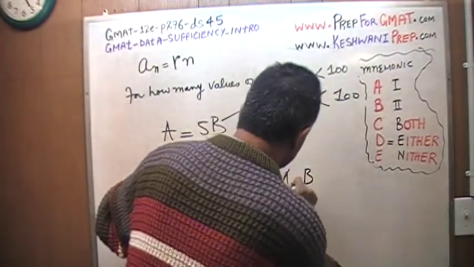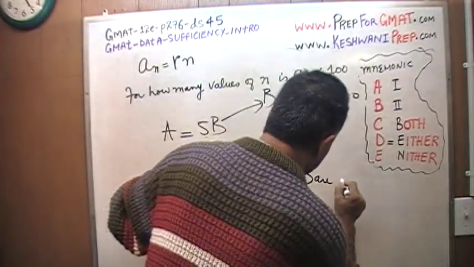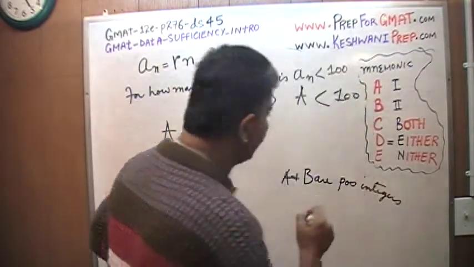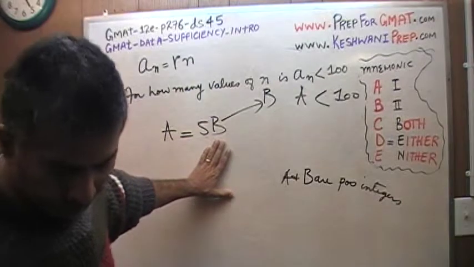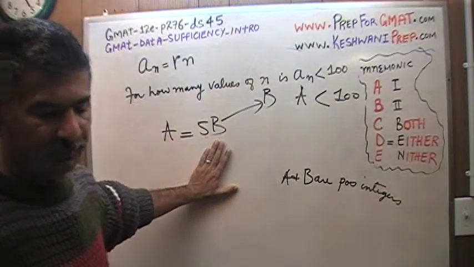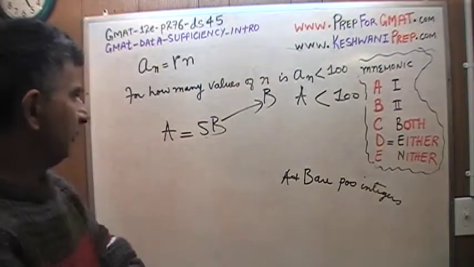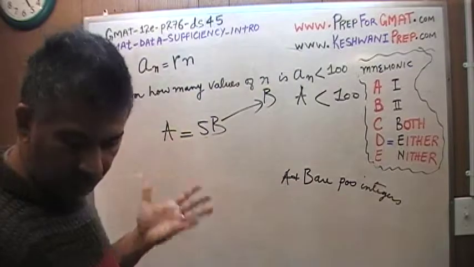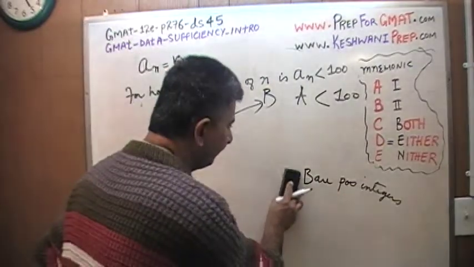A and B are positive integers. We are told that in the problem. They clearly tell you that these have to be for all positive integers n. So if B is an integer, A also is going to be an integer, but this is not necessary.